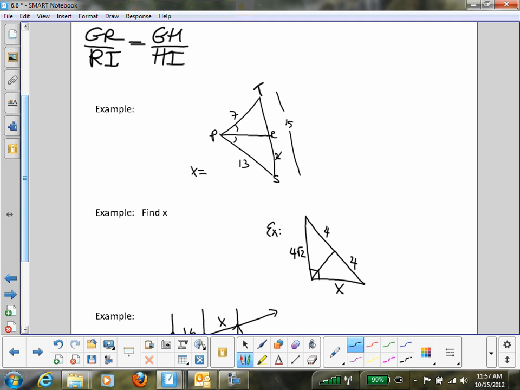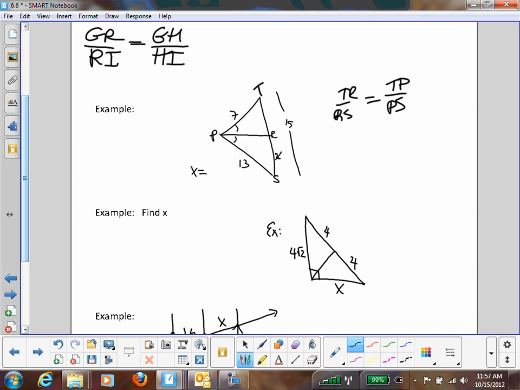Let's do it with letters first, not with numbers. That's an R. Right. That's what that theorem says. That's our angle bisector theorem.